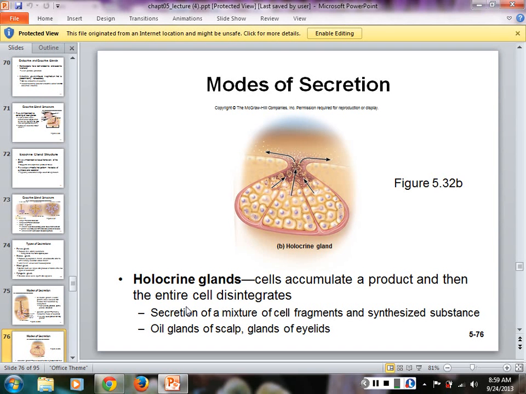Do they have holocrine gland in your book? Yeah, they do. Do they have a write-up about it? Do they say anything about it? I see the picture on page 170, but I don't know if they're saying anything about it.